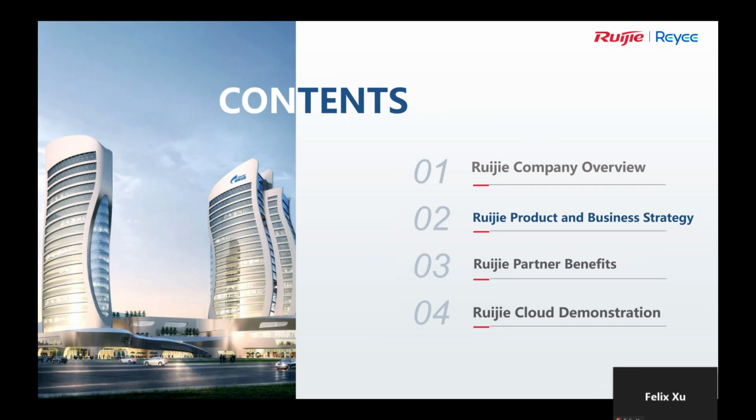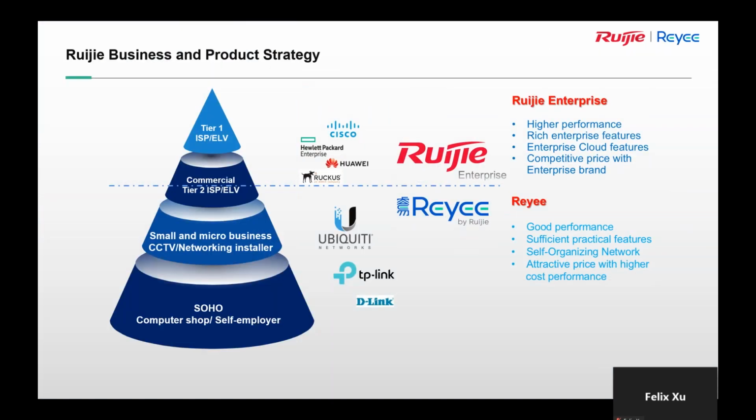Okay, now I'm going to tell you why Ruijie is a better choice for you. Here you can see the business and product strategy of Ruijie. Ruijie has a full product line for your choice. Ruijie Enterprise aims at the high-end enterprise market with high performance products and competitive price.